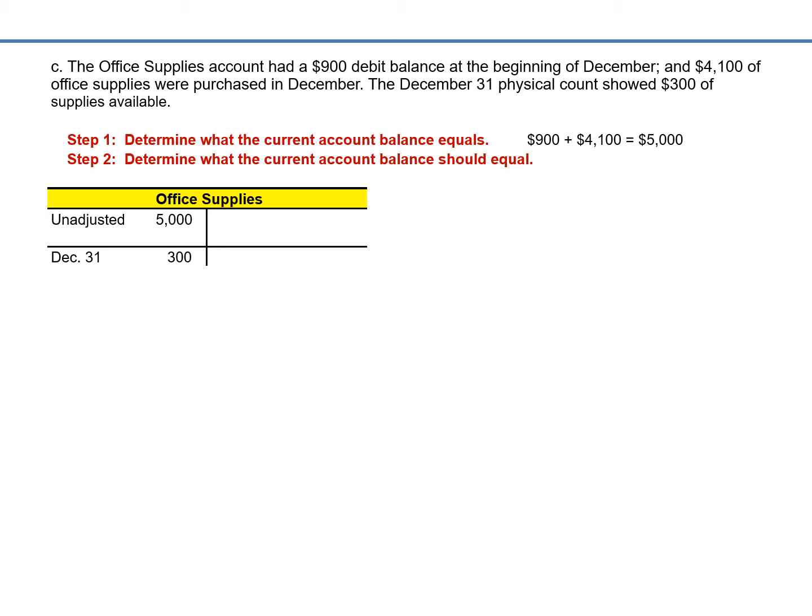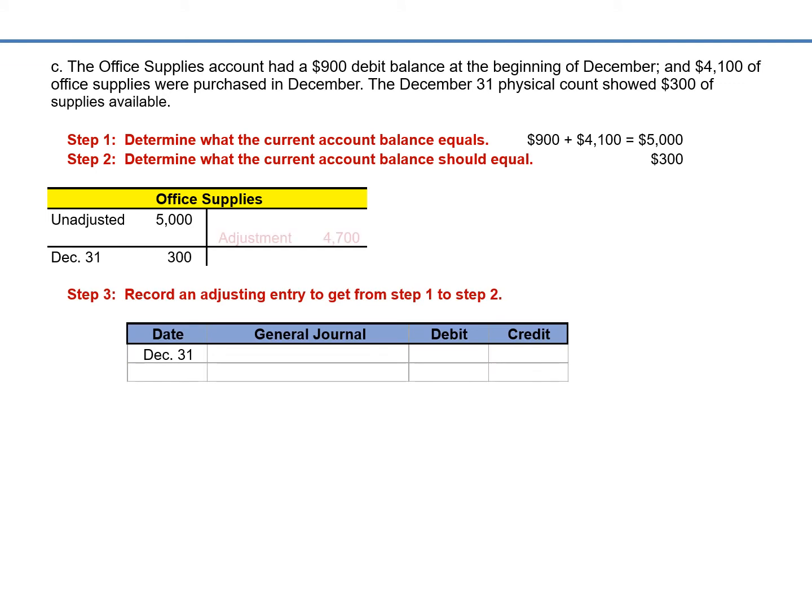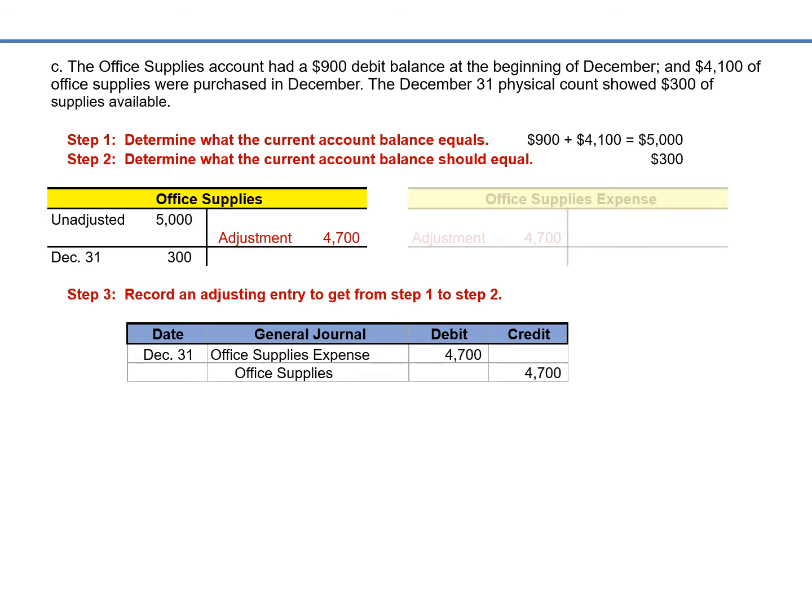To get an asset account from a balance of 5,000 reduced to a balance of 300, we credit, right? Credit to reduce assets. So we have a credit to our office supplies asset account of $4,700. And we have a debit to office supplies expense for $4,700.